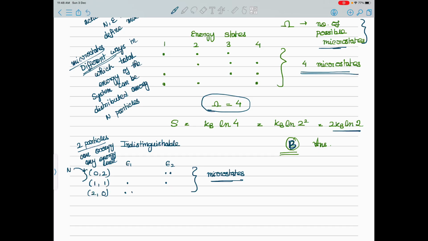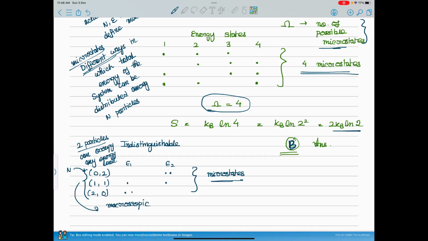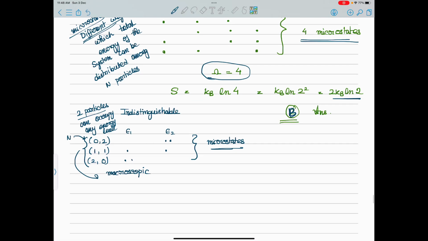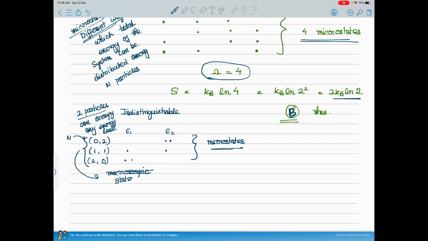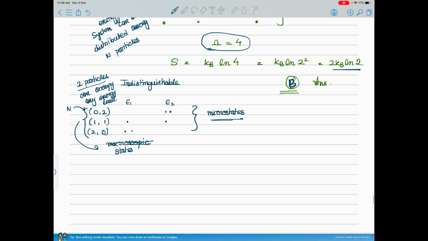Macroscopic information is given through these terms, but microscopic information is given in the other. So there are 3 macrostates and 3 microstates in this case.